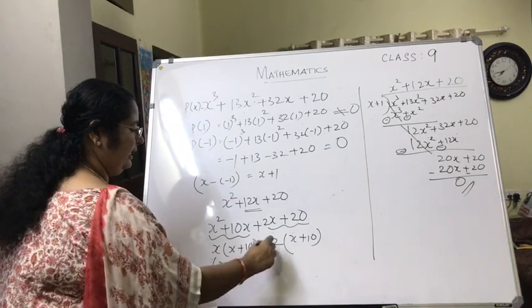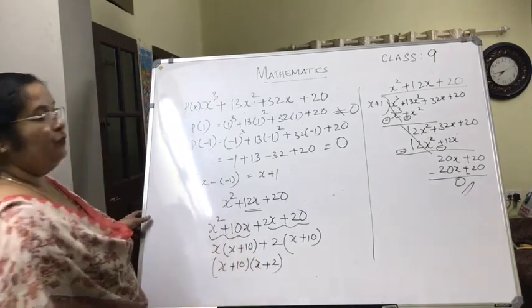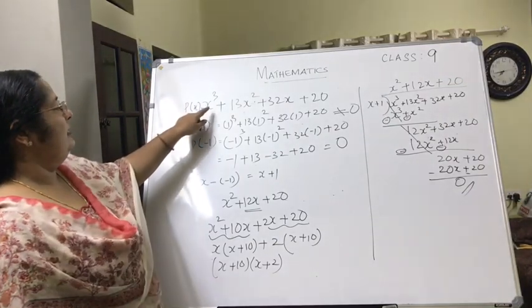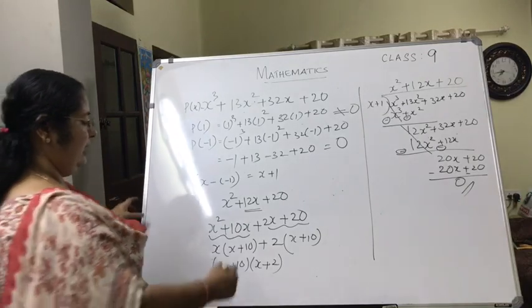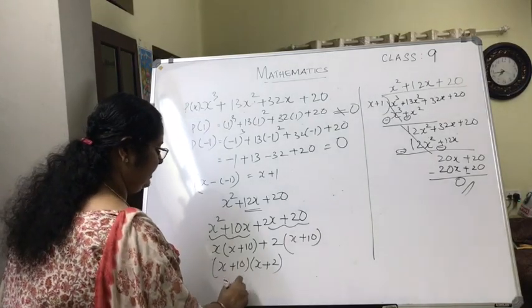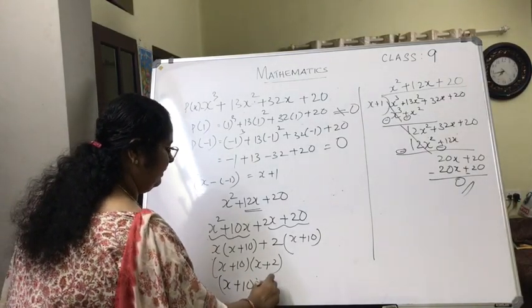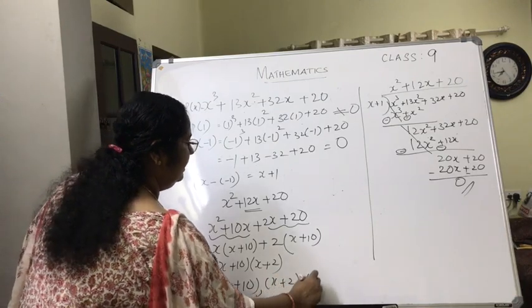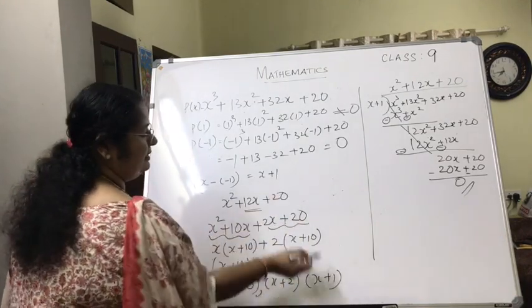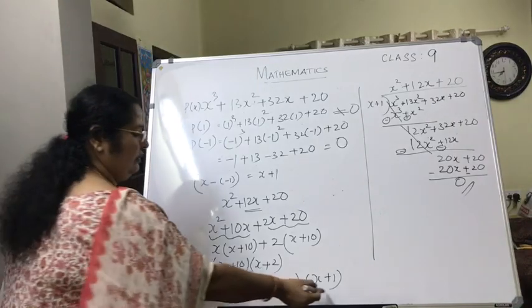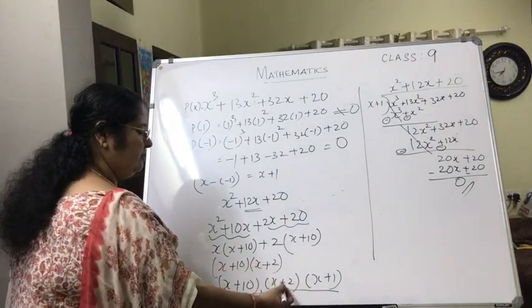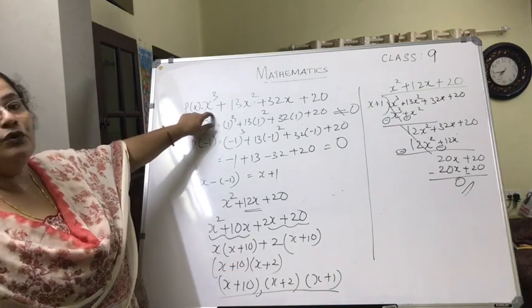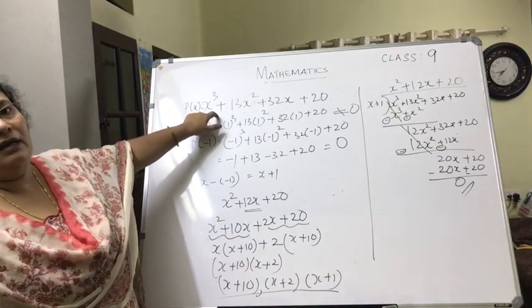Here x, here plus 2. So which are the factors of this polynomial, or the factorized form of this cubic polynomial? X plus 10 is one factor, x plus 2 is another factor, and x plus 1 is another factor. So these are the three factors. So x plus 10 into x plus 2 into x plus 1 will give you this polynomial.